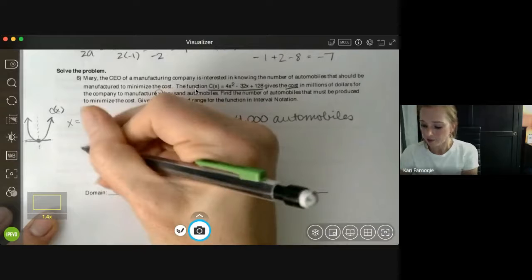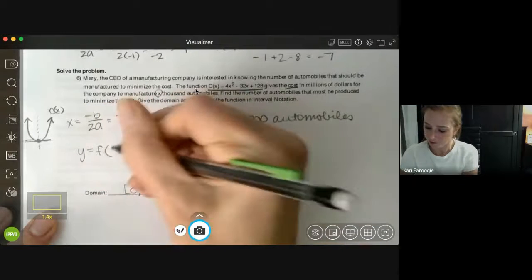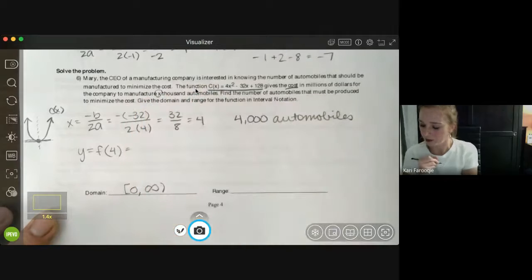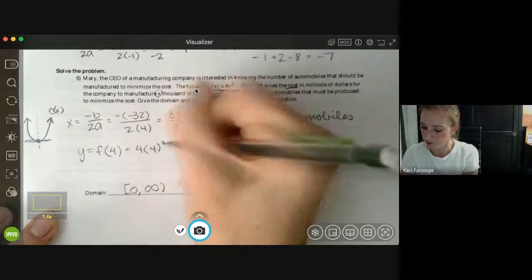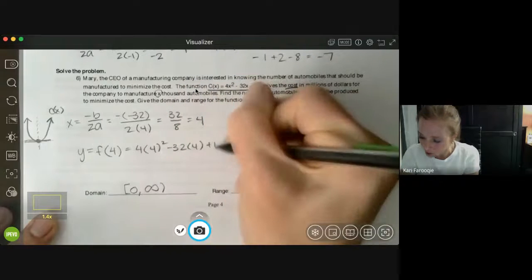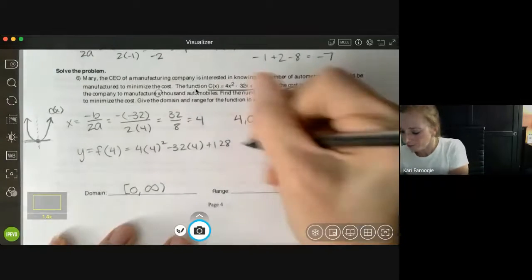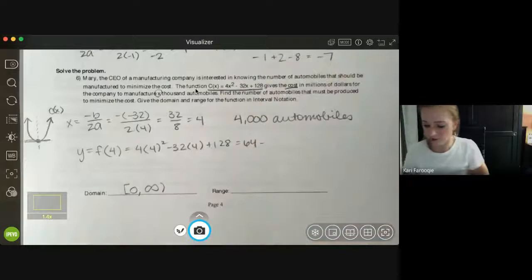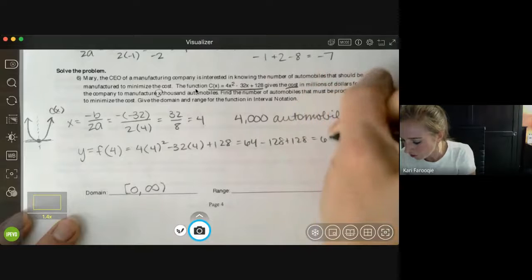So yes, we are going to have to find this value for the range, f of 4. 4 times 4 squared minus 32 times 4 plus 128. Let's see, 64 minus 128 plus 128 is 64.